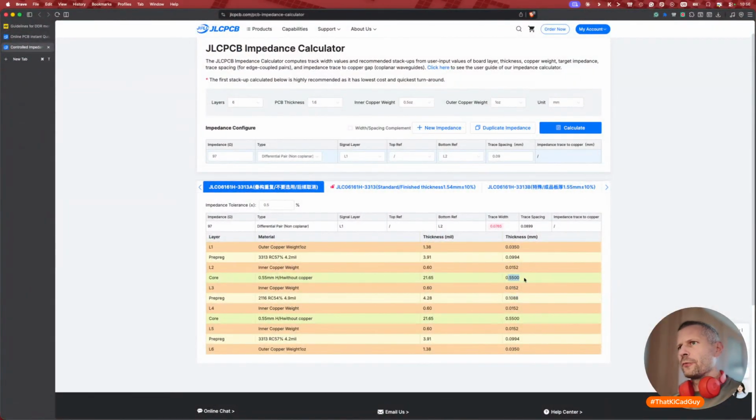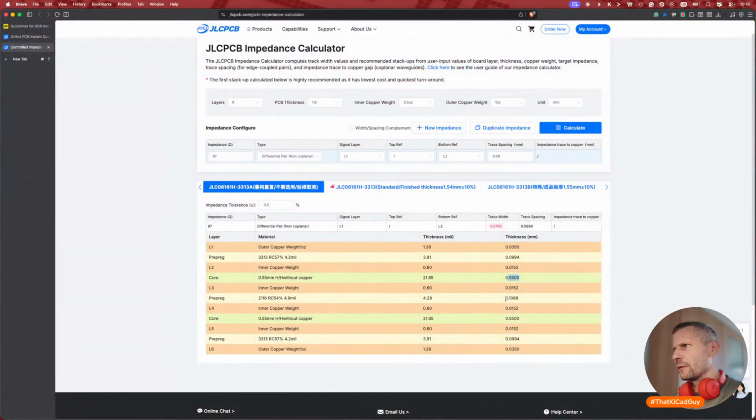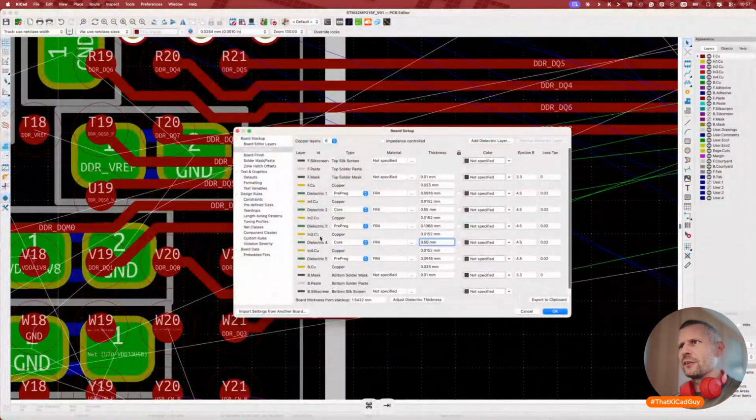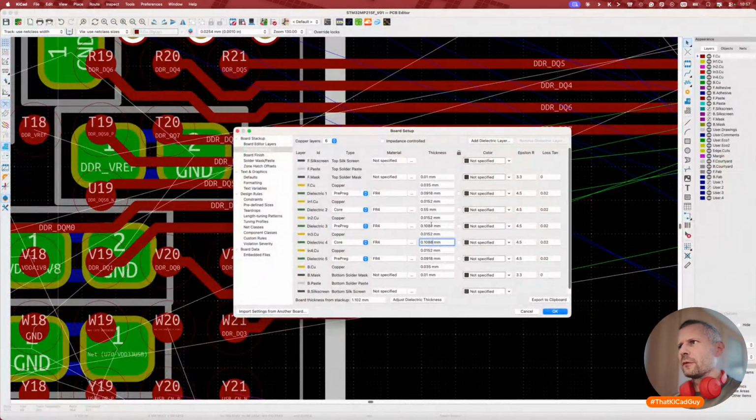Then there is 0455. No, here is 55. I'm lost. Between 3 and 4 is this one. This one. Then 2 to 3, 055.